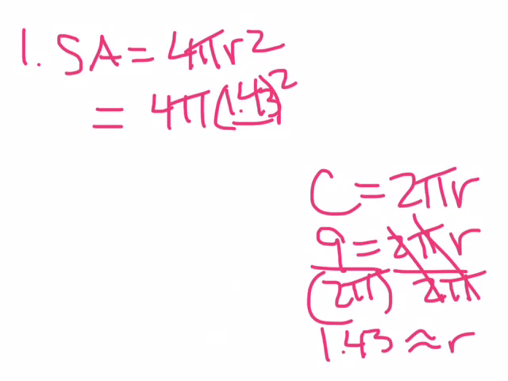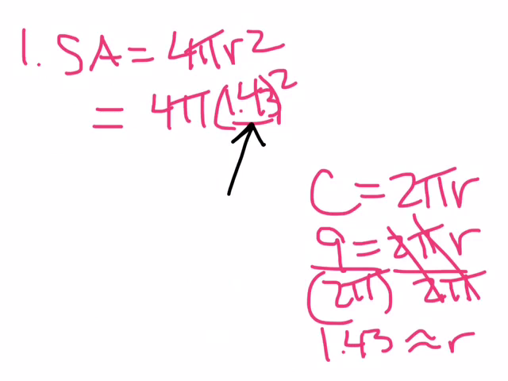Something else I want to point out here. When you put this in your calculator, you did 9 divided by 2 pi. Just leave the value in your calculator. Don't actually then retype 1.43, because it's not actually 1.43.